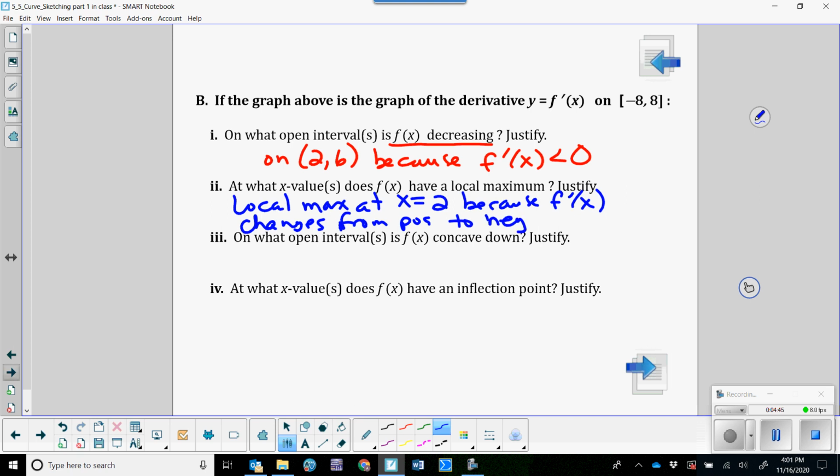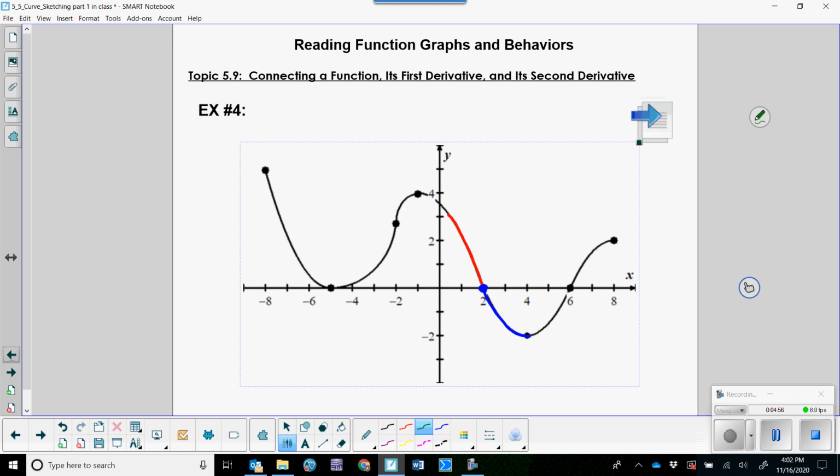And then it asks, on what open intervals is the graph concave down? Again, this graph is f prime. If I want to know when f is concave down, it's going to be concave down anywhere f prime is decreasing. So it is decreasing here, decreasing here.